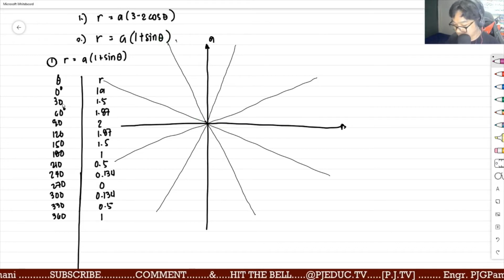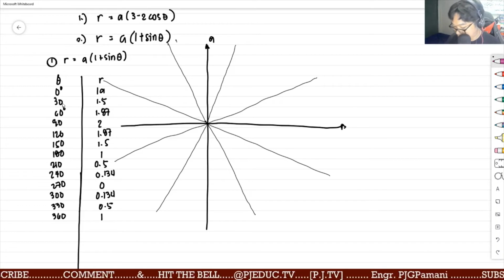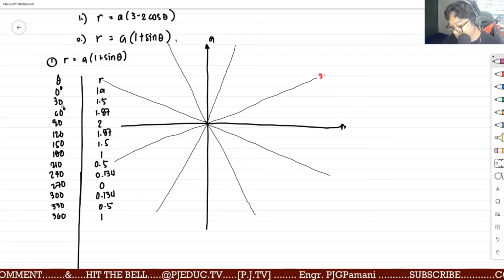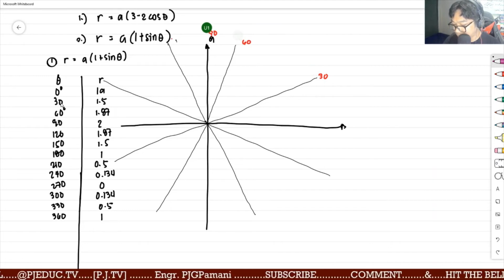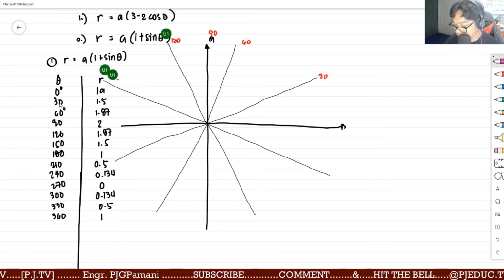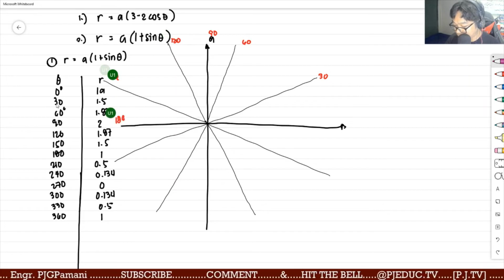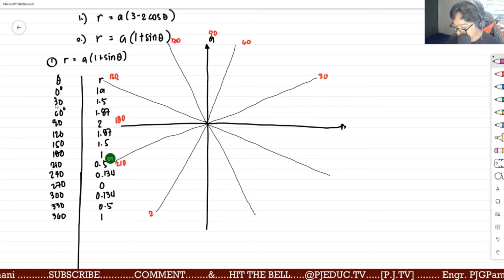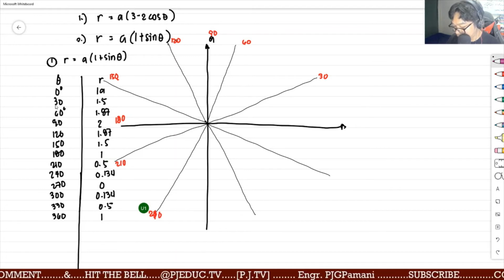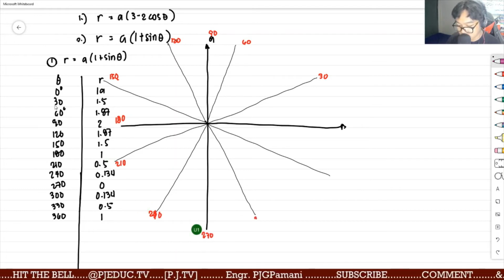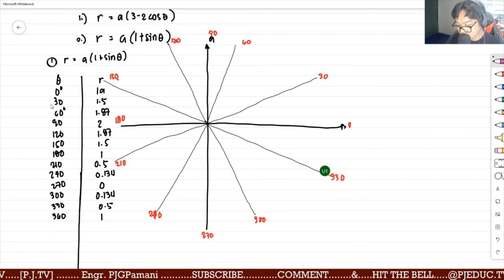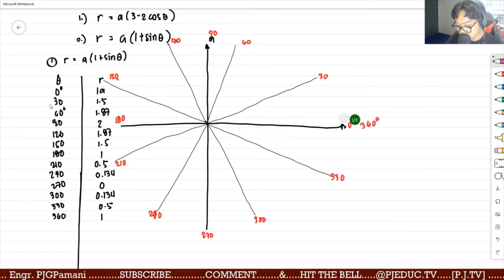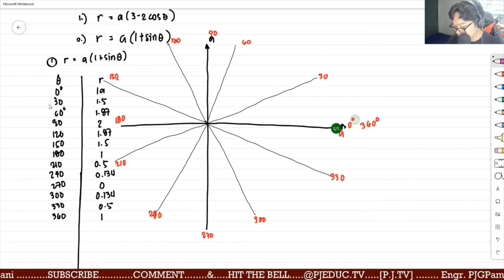Attention nyo na mali-maling drawing. So 30, 60, 90, 120, 150, 180, 210, 240, 270, 300, 330, 0, and 360 degrees. This is your A-axis.